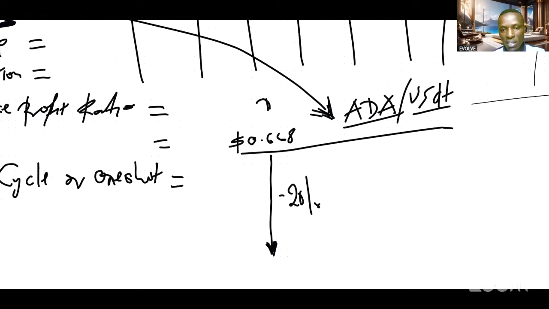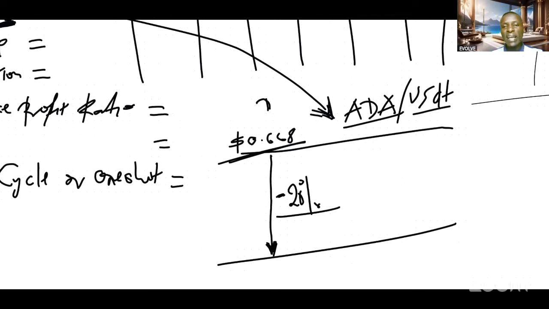We have seen this. Now we say this is our possible percentage drop. We have been able to see that if ADA goes down after we enter from this price, it can go down by negative 20%.